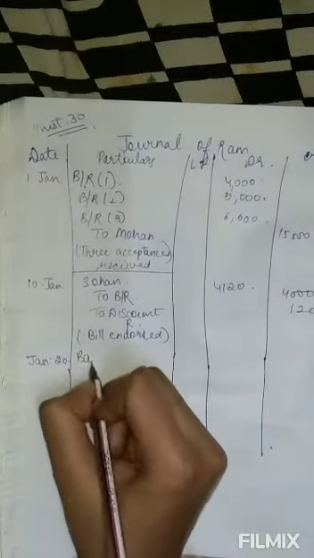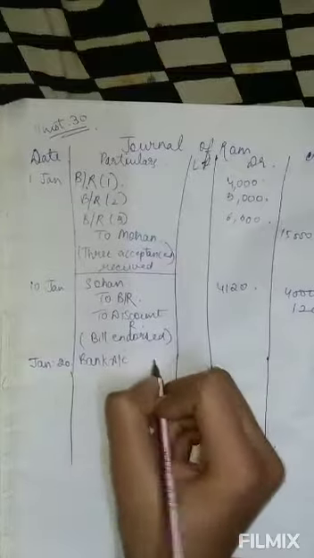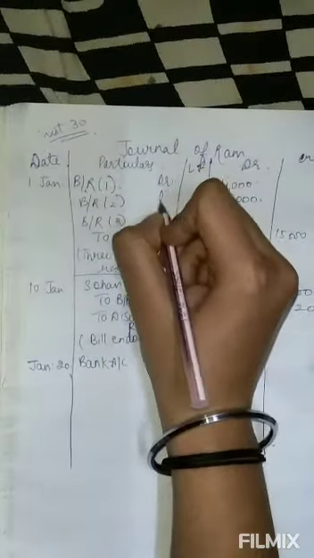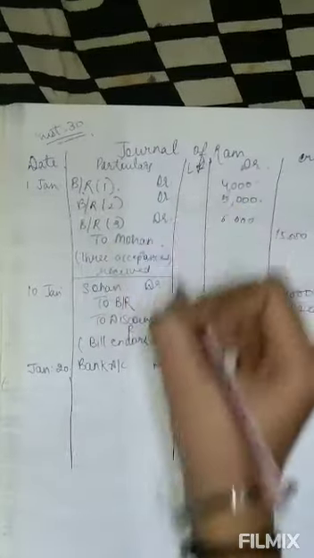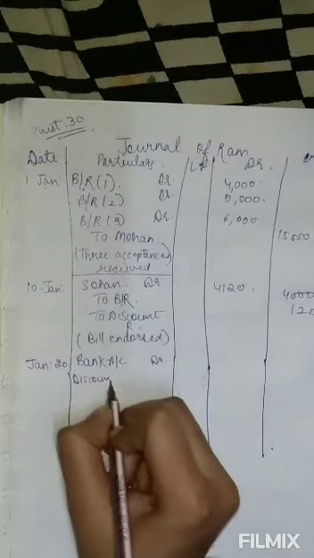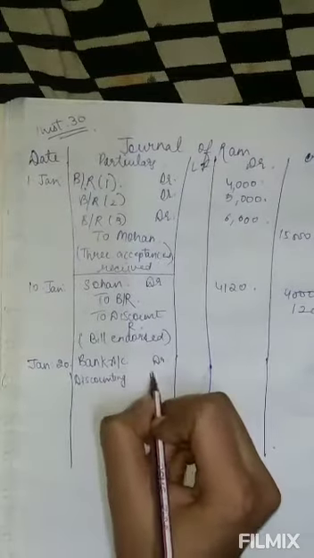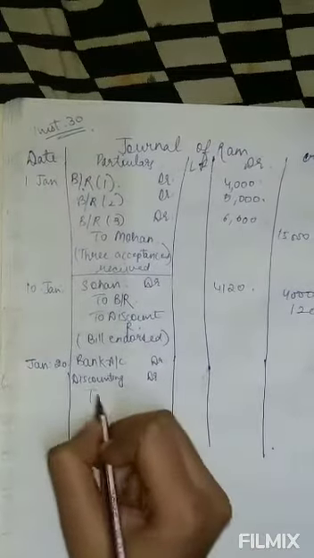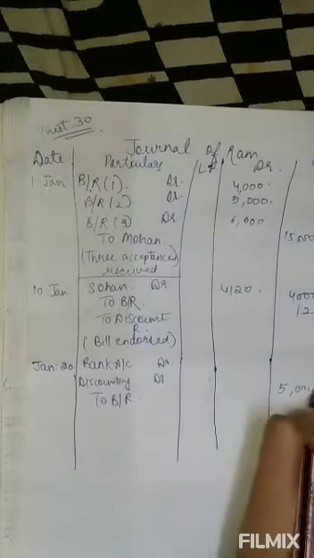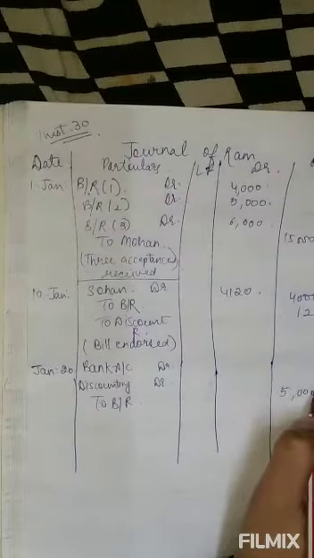So it will be bank account debit, discounting charges account debit, to BR, right? The second BR is of 5,000 which is given to the bank and being discounted.